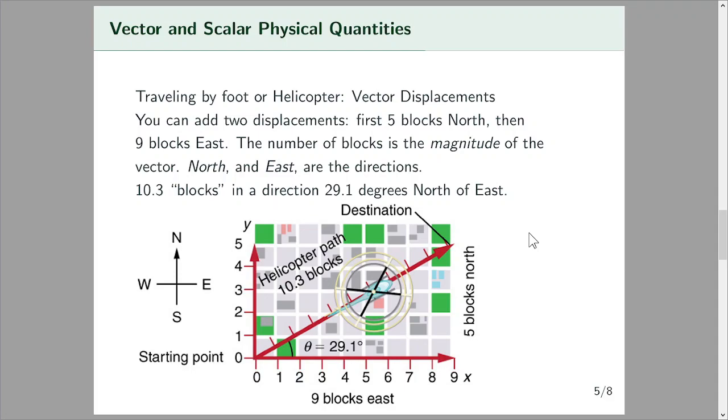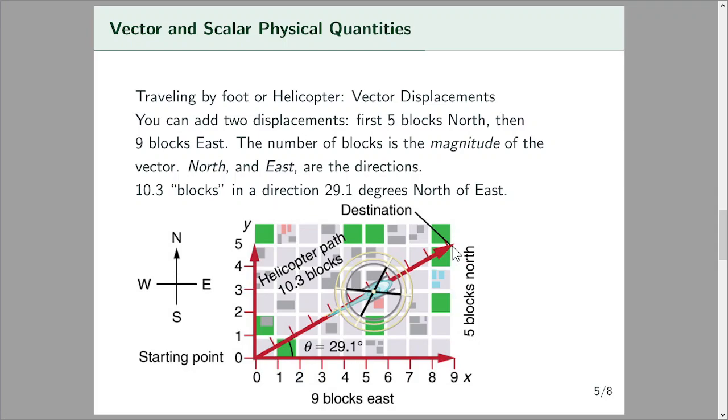So here, I'm just going to give you a few examples of these. Traveling by foot or helicopter, right? Velocity, vector displacements can be added. And so I go 5 blocks north and then 9 blocks east, and I end up over here, right? Or I can go 9 blocks east and then 5 blocks north, and I still end up here, right?